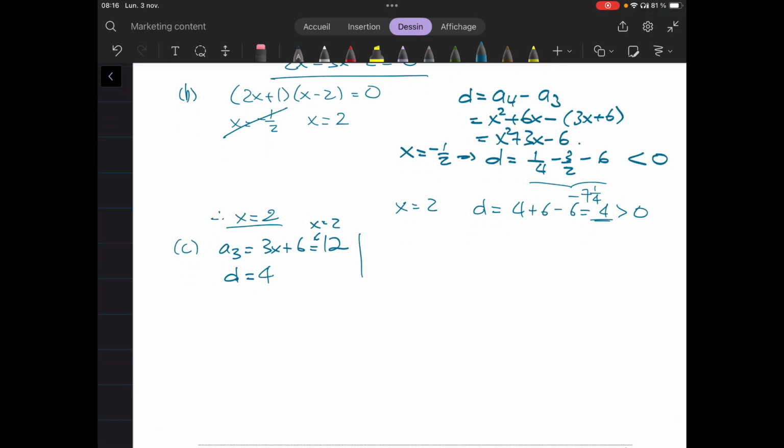How many terms does this sequence have between n equals 3 and n equals 12? We have a total of n terms, or a total of 10 terms.